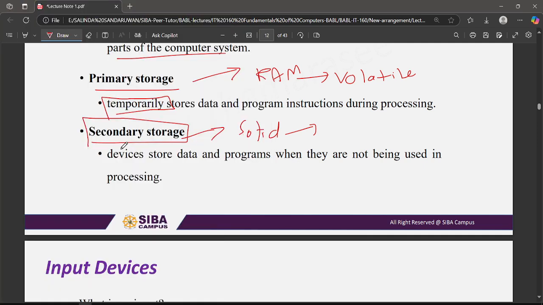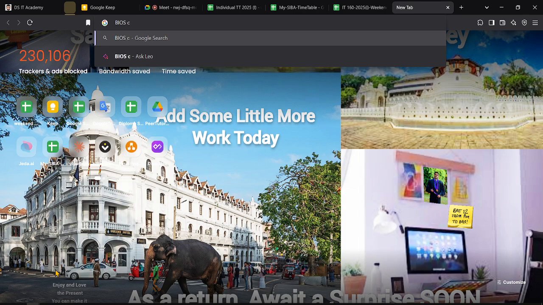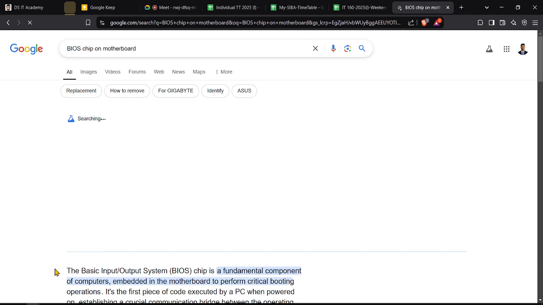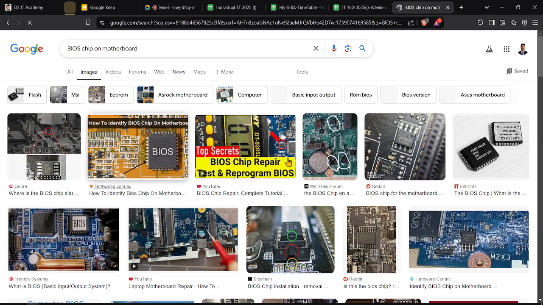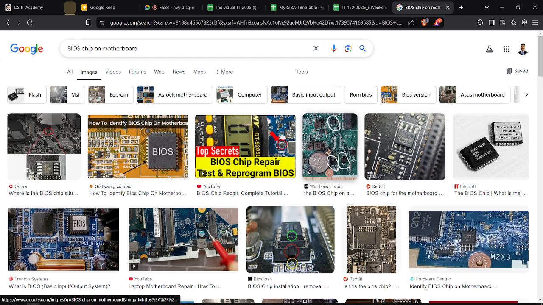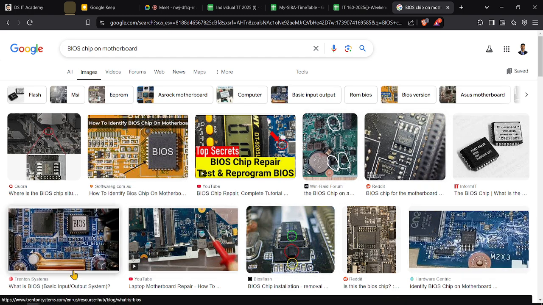Yes, it's a secondary memory, but sometimes you can't edit it. When the manufacturer manufactures the motherboard, they include the BIOS chip, right? That's a good question. We'll see the BIOS chip on the motherboard. The BIOS chip is somewhere here. You can easily recognize it.